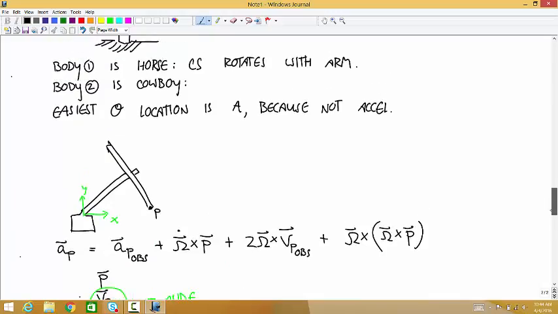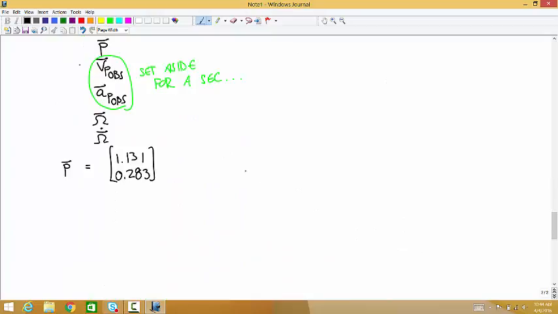Yeah. So this vector is a length of 1 times cosine of 45, sine of 45.